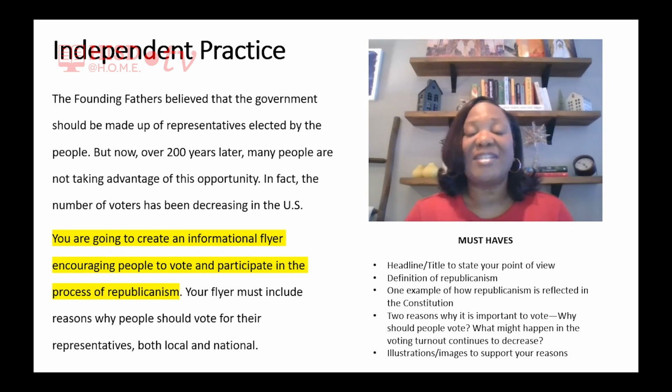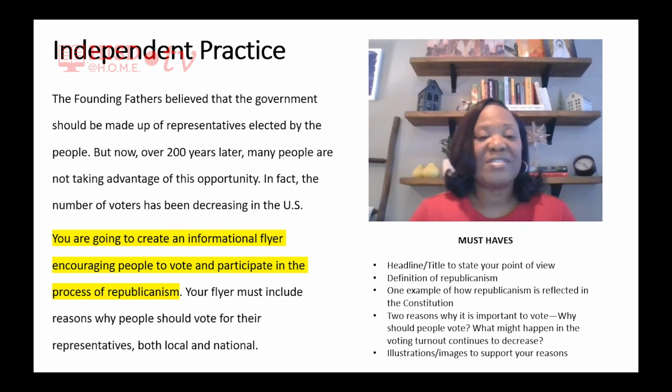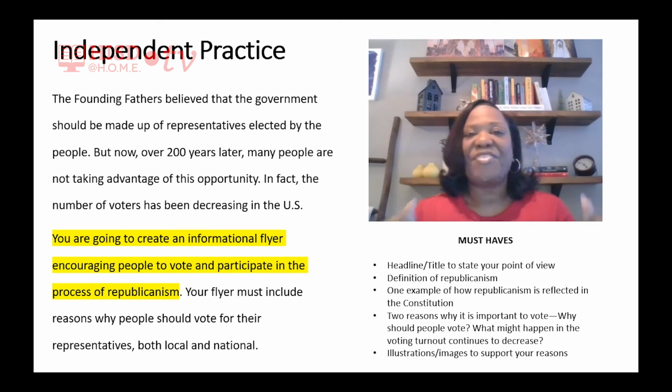I have a list of must-haves that I would like to see on your flyer. You must have a headline or a title, and you must state your point of view. So if it's get out there and vote, then make that your headline. Then give me a definition of republicanism. Next, give me an example of how republicanism is reflected in the Constitution.